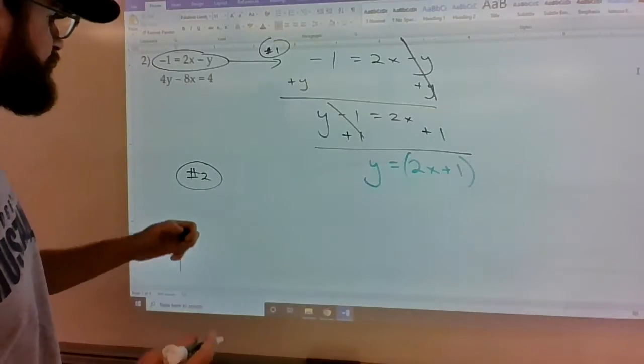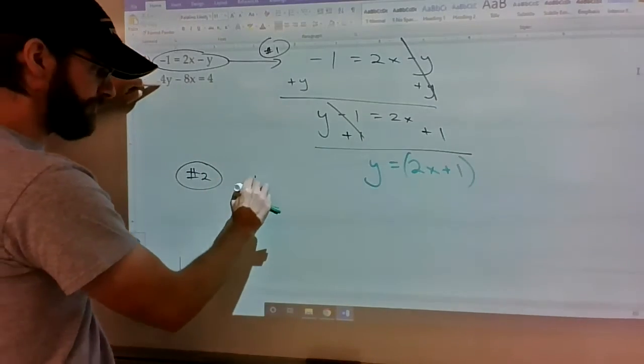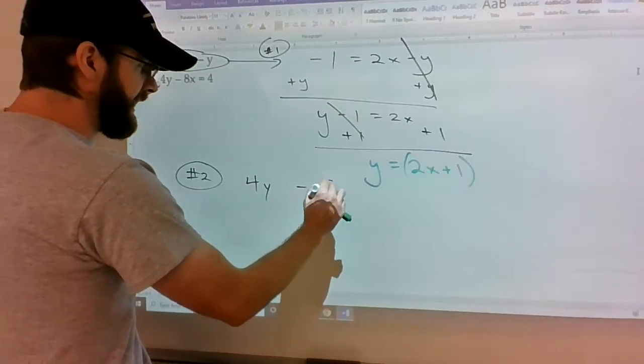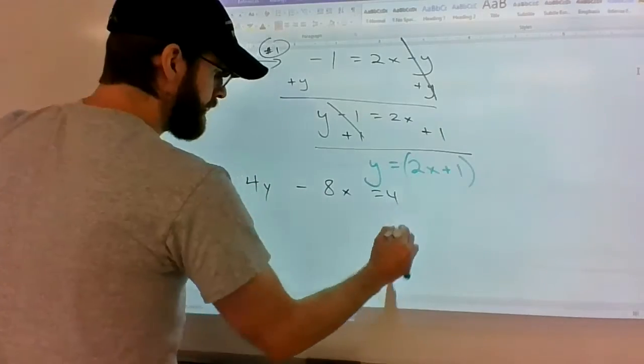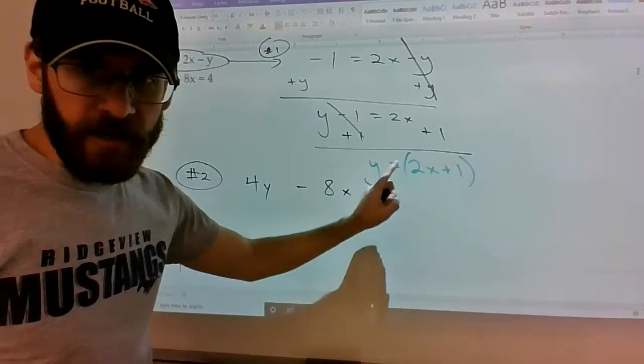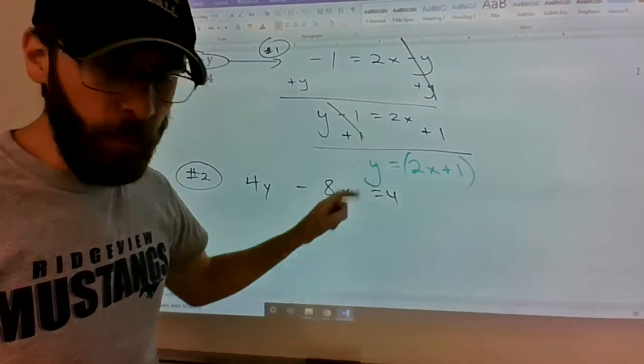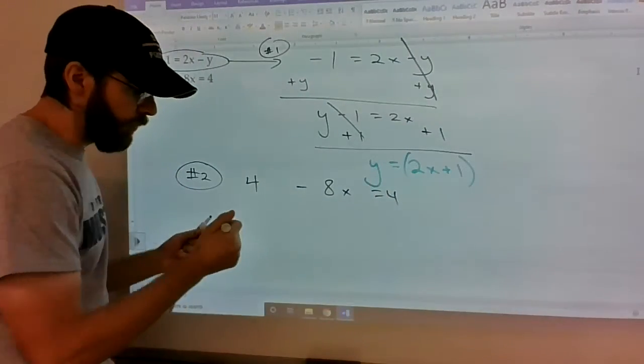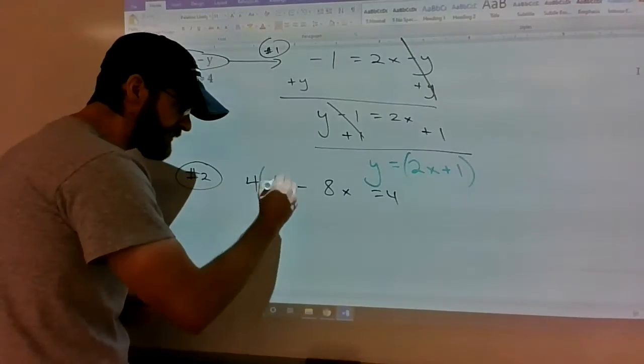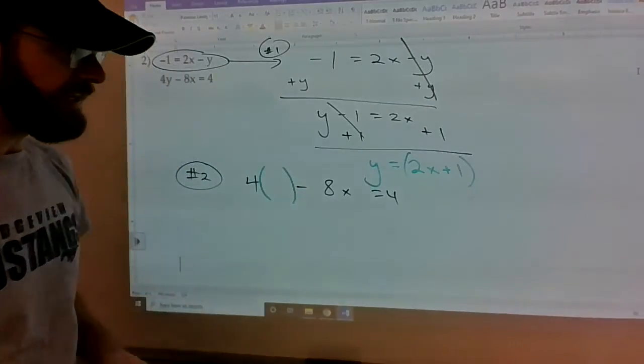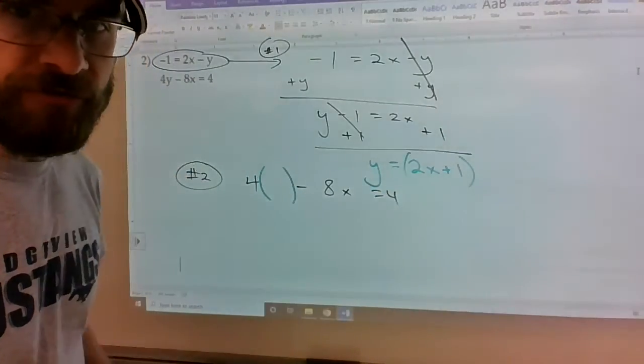So step 2 is where I take the second equation, 4y minus 8x equals 4, and I'm plugging in for this y right here. I got y by itself, so y is actually going to be replaced with some quantity that I got by itself.